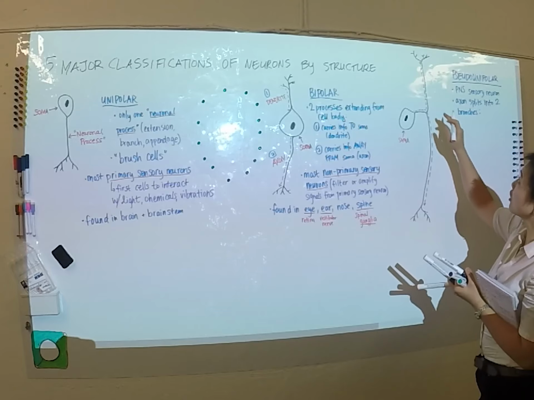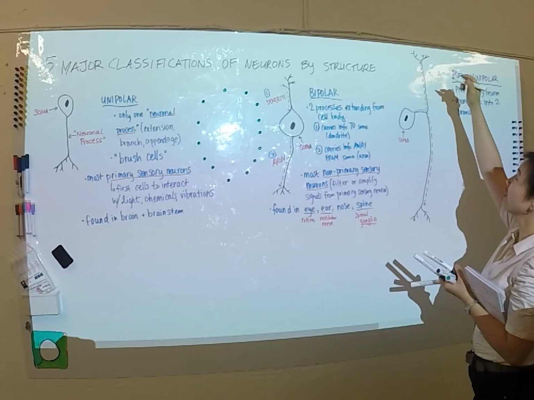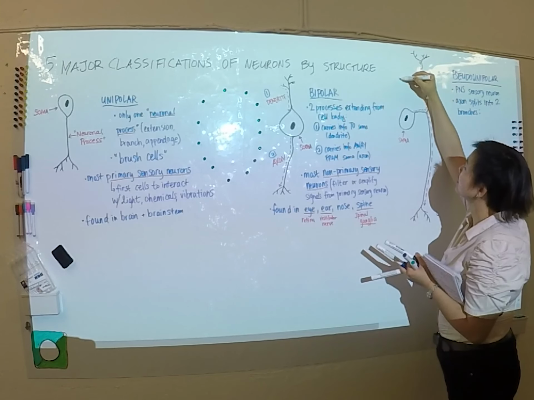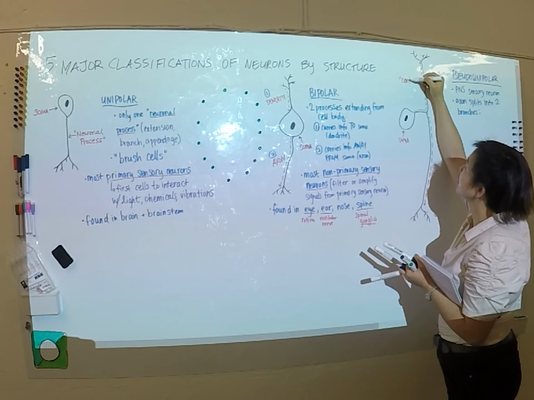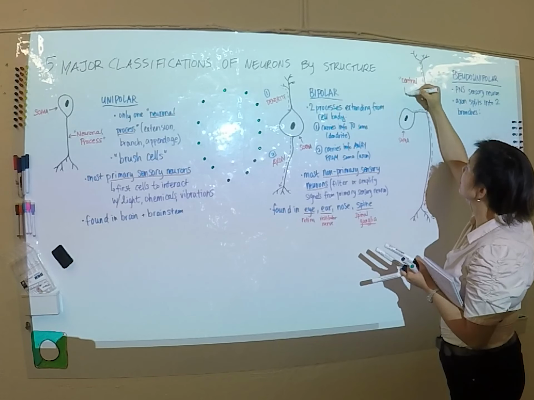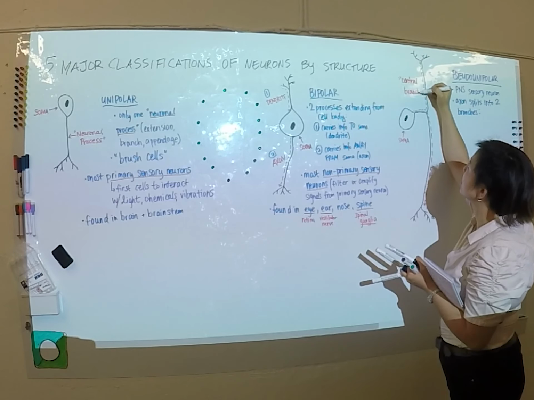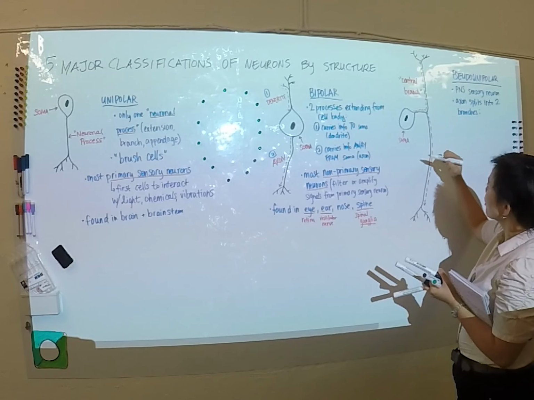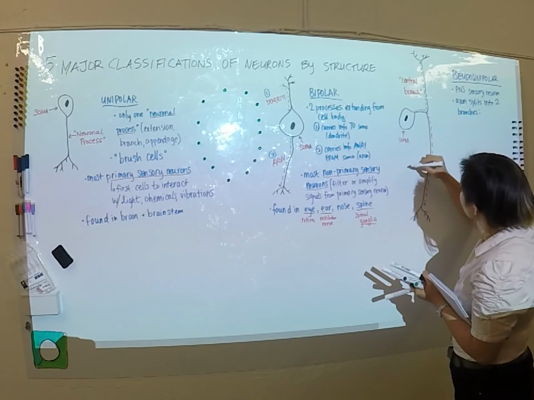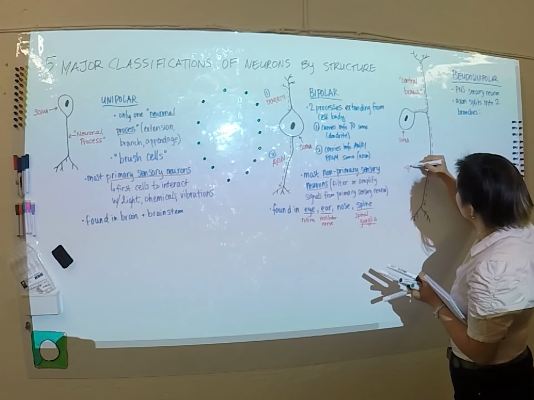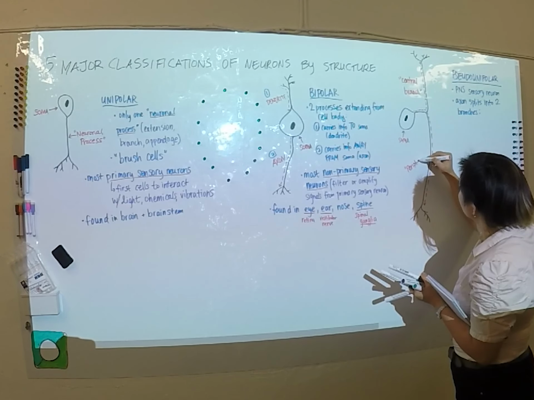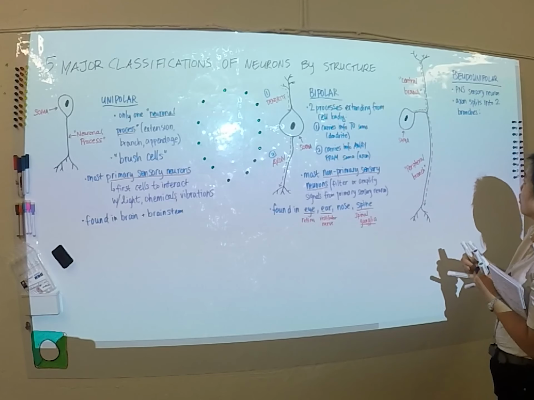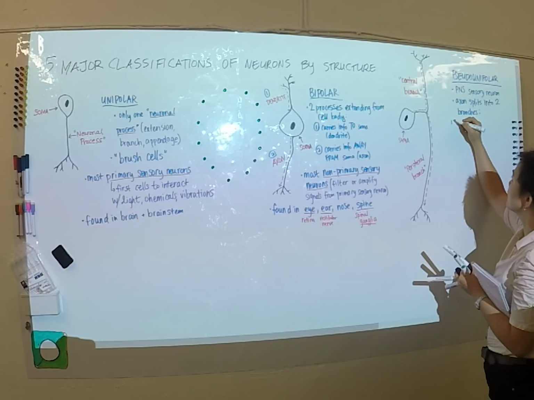And so the one that goes this way, we're going to call the central branch. Okay? And the one that comes down this way, we are going to call the peripheral branch. Okay? So the names will make sense in just a moment.